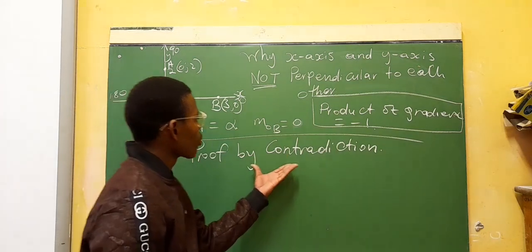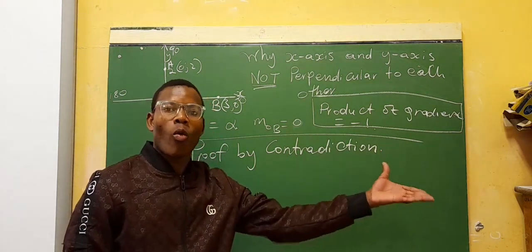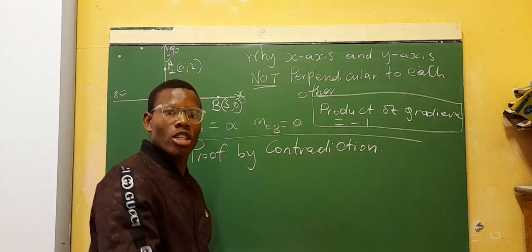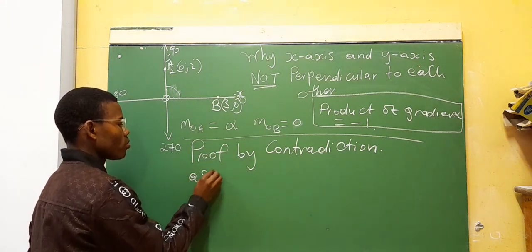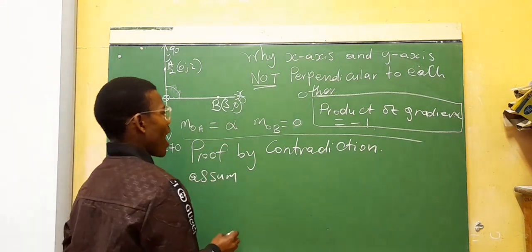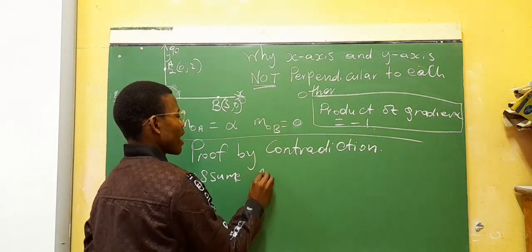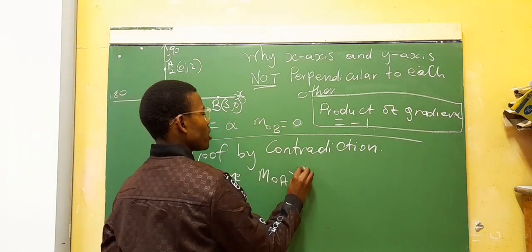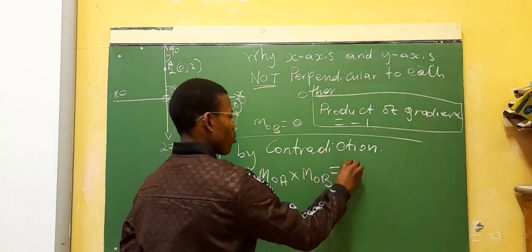When you contradict, it means this is not what it should be. Now, let's assume that the gradient of OA times the gradient of OB is equal to -1.